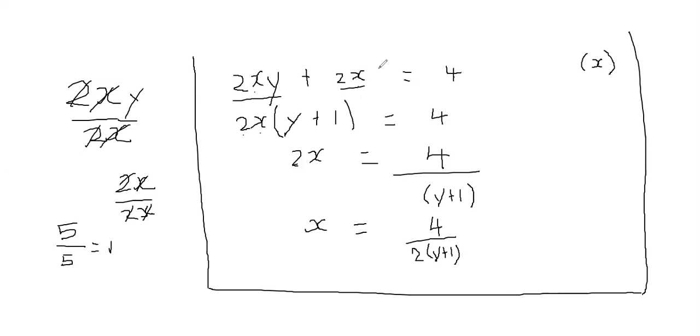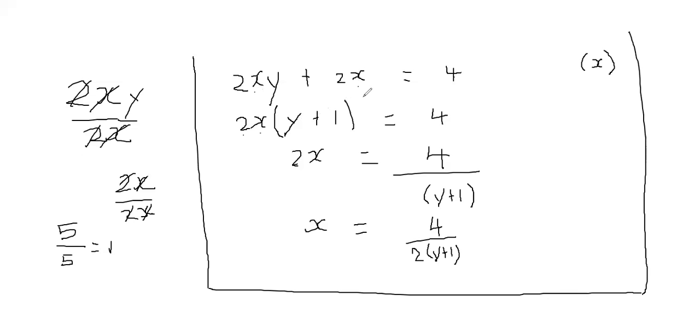As I told you, it is impossible to make something the subject when it is appearing in two places. We don't want that. We want to see one x visible.